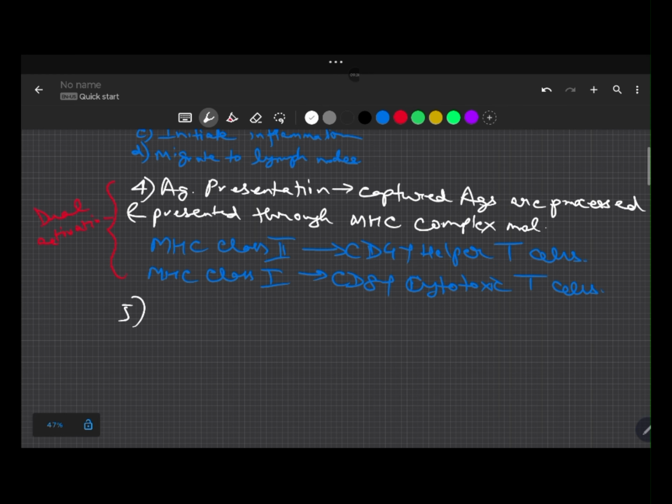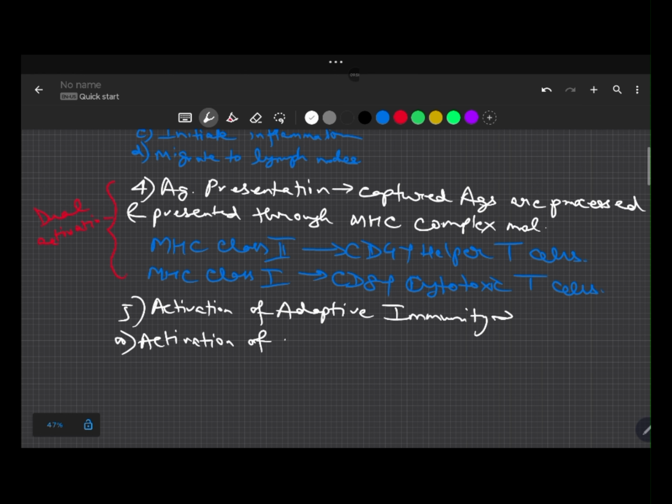Okay, next, the fifth step here is activation of adaptive immunity. First comes activation of B cells.